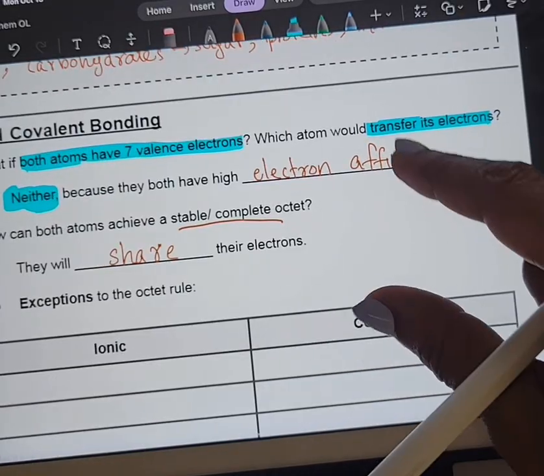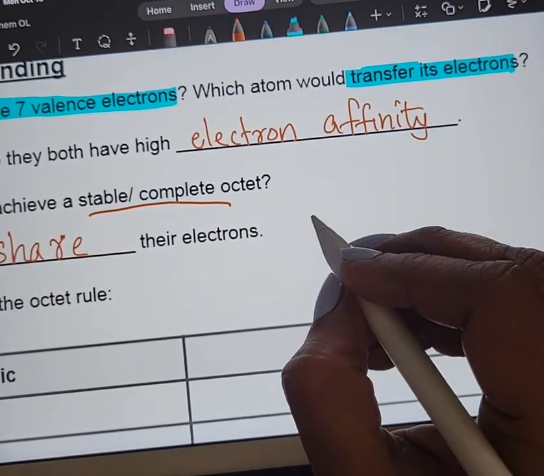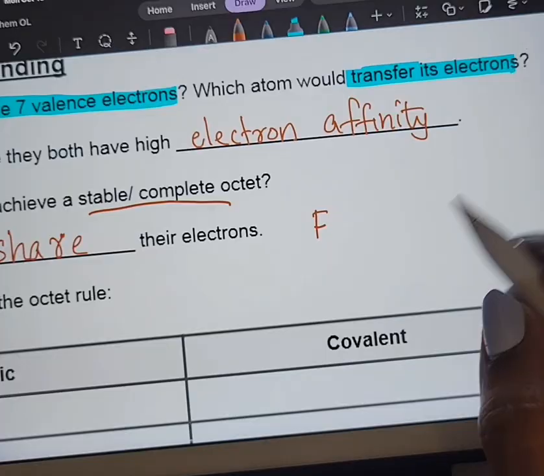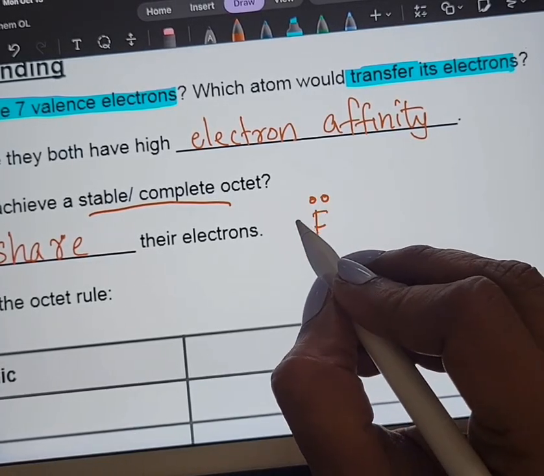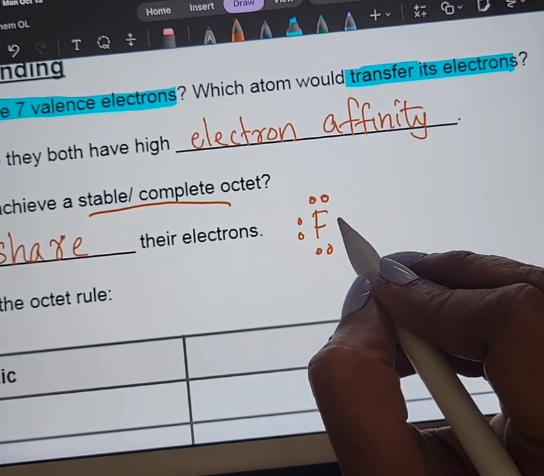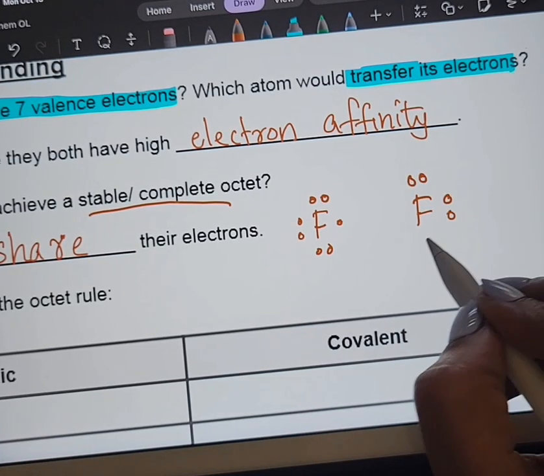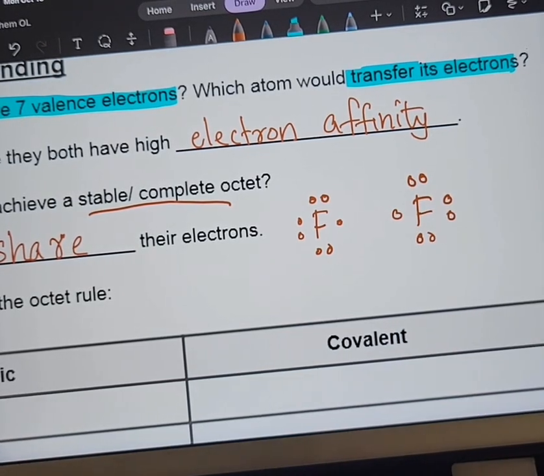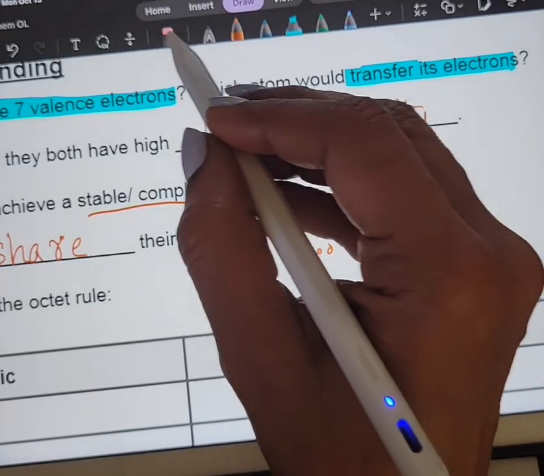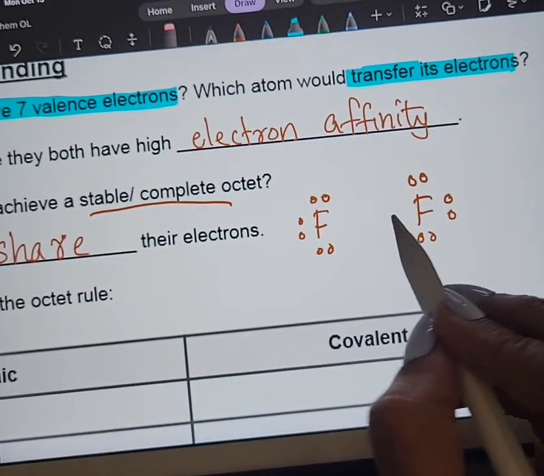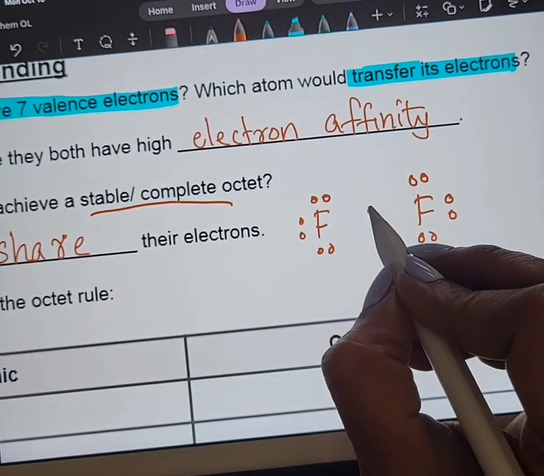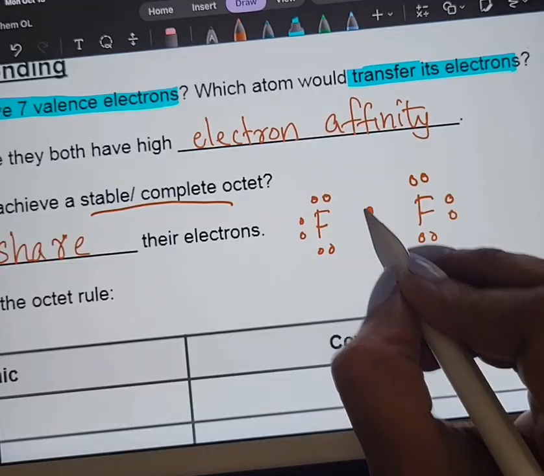For example, a fluorine atom has how many electrons? 7 electrons. And another fluorine atom also has the same number of electrons. So they will share their 1 electron like this.